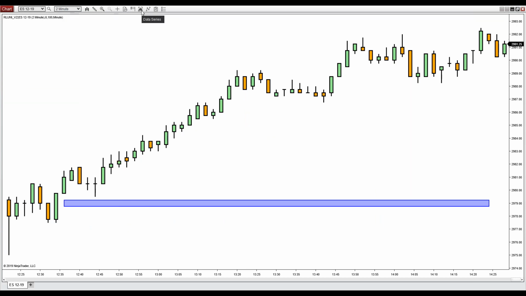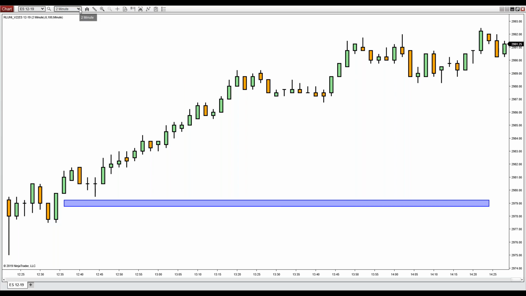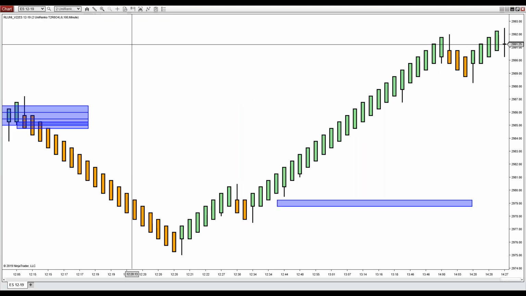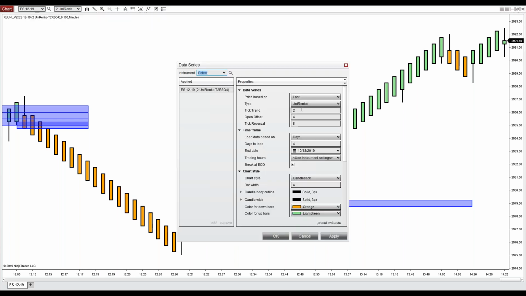Let me just fix the data series here. First of all, I have to go to a 2-unit Renko. And then I have to change the data series because this is a 237, I believe.